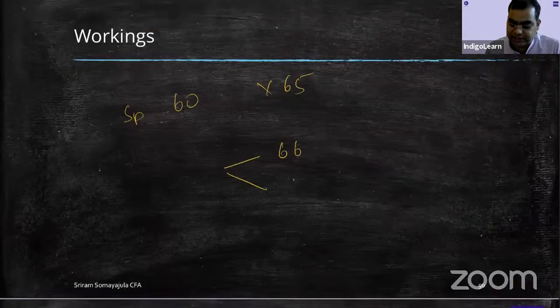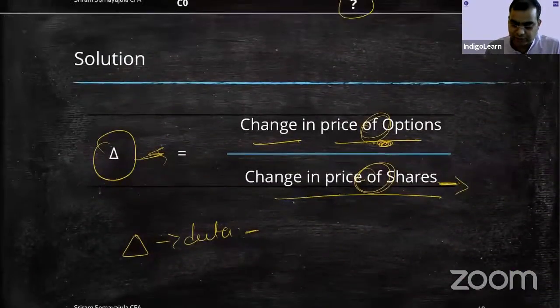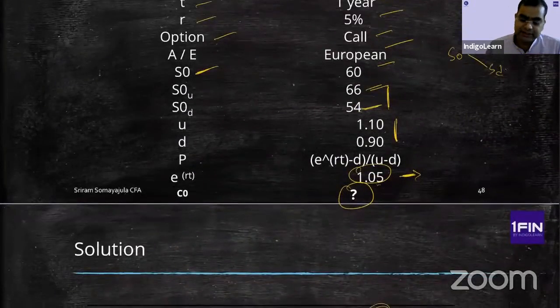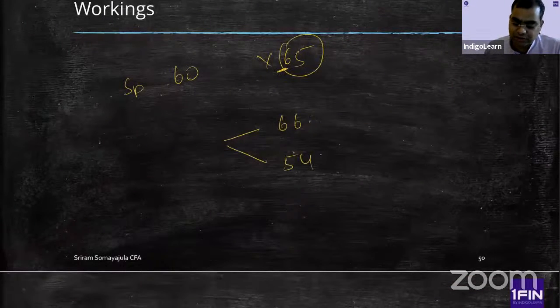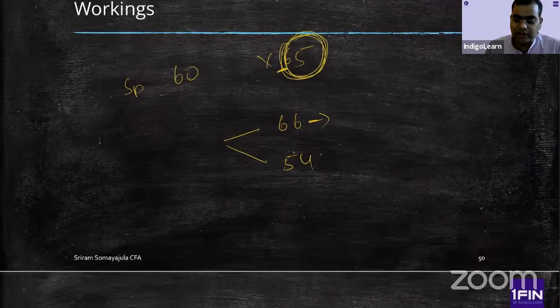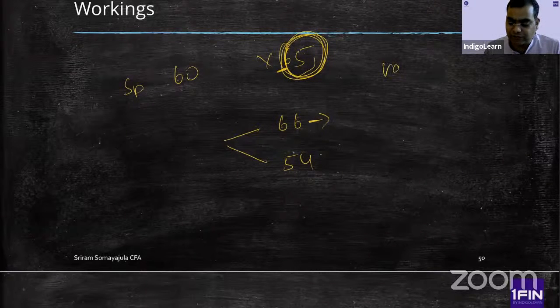The scenarios are 66 and 54. When the stock moves up to 66, you have entered into a contract to buy at 65. Will you exercise the contract, yes or no? Yes, you will exercise.